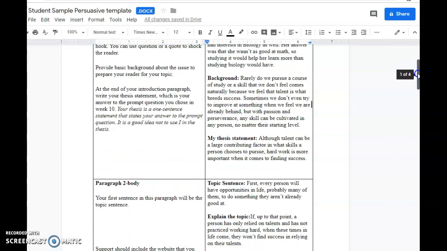And I want to show you, look at this thesis. In lesson, I believe it was 11, I showed you how to create a thesis with a counter argument. That is done right here in this thesis. "Although talent can be a large contributing factor to what skills a person chooses to pursue," that's the beginning of it.